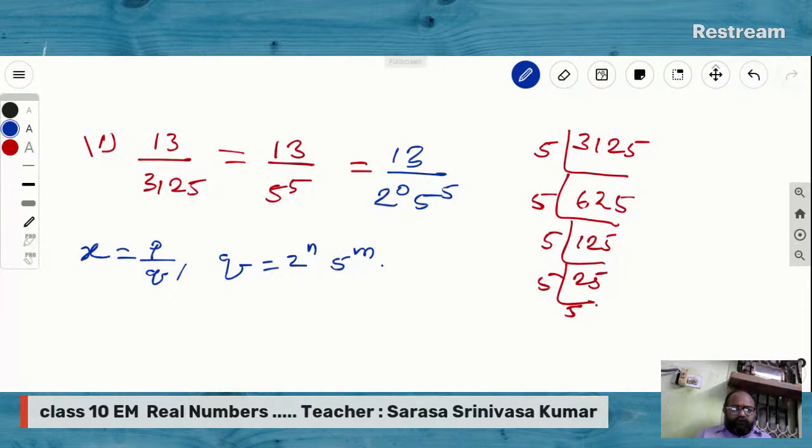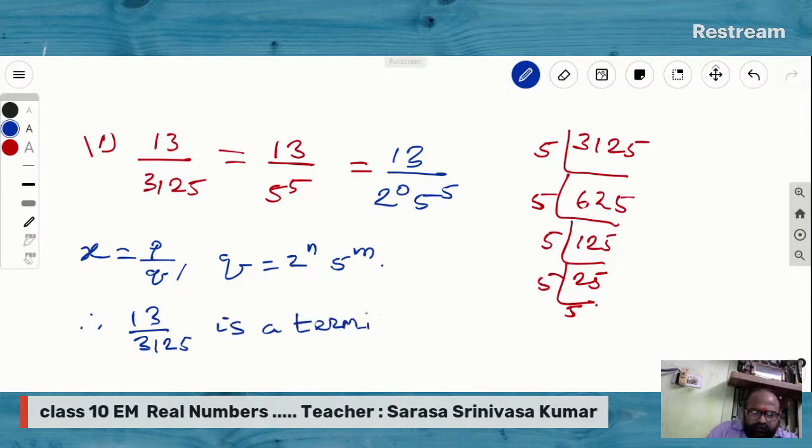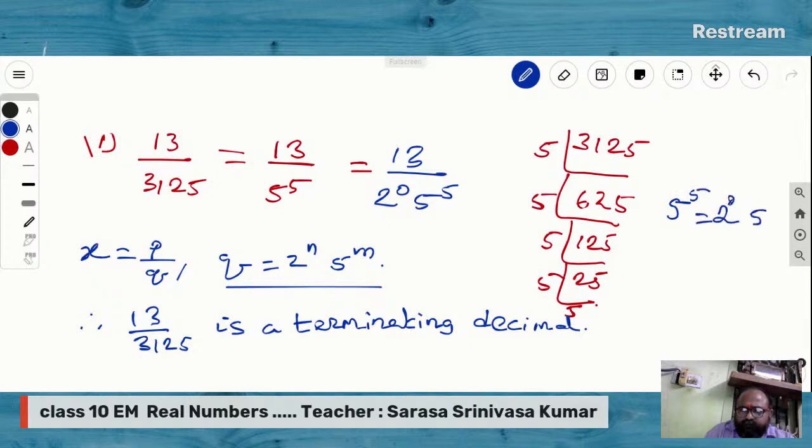And hence what we can conclude is that 13 by 3125 is a terminating decimal, because the denominator is of the form 2 power n, 5 power m. 5 power 5 can be written as 2 power 0, 5 power 5. So this is what you must remember.